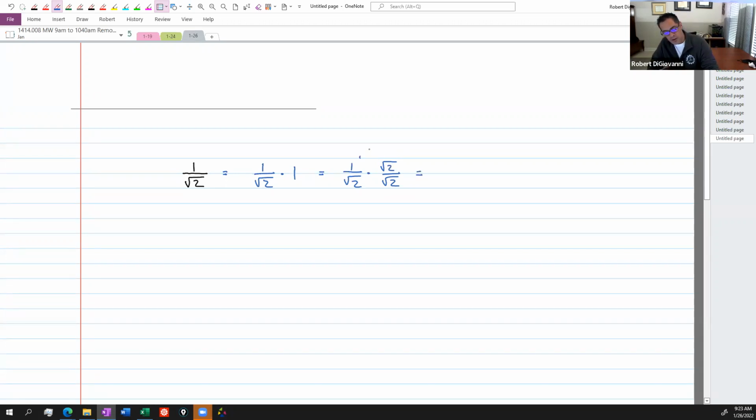If I multiply across the top, I get square root of 2. And on the bottom, don't I get the square root of 2 times itself, which will get rid of the square root of 2? That'll just make this square root of 2 over 2.